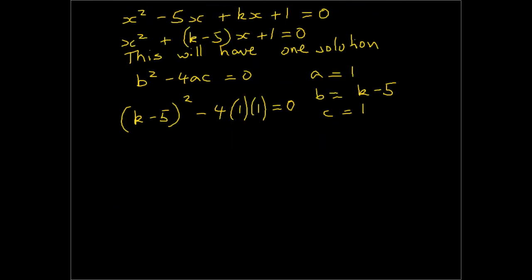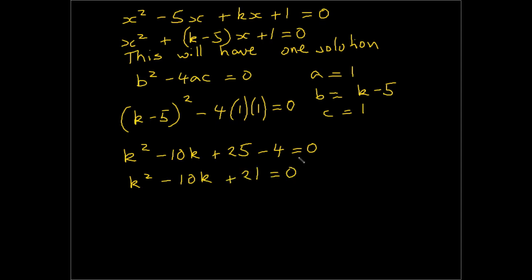So using that, I can multiply this side out. So I'd have k squared minus 10k plus 25 minus 4 is equal to 0, which will give me k squared minus 10k plus 21 is equal to 0.